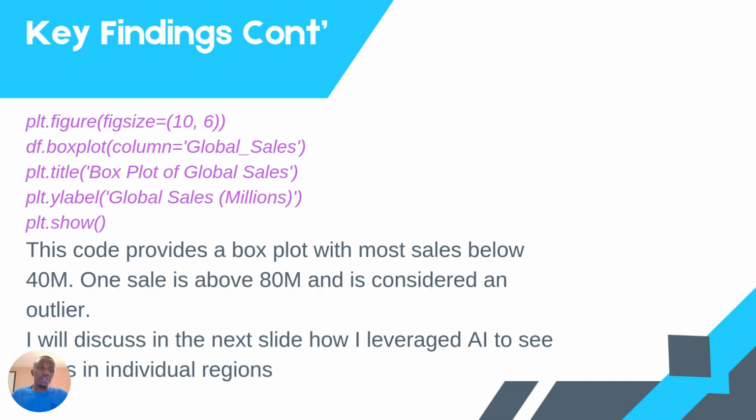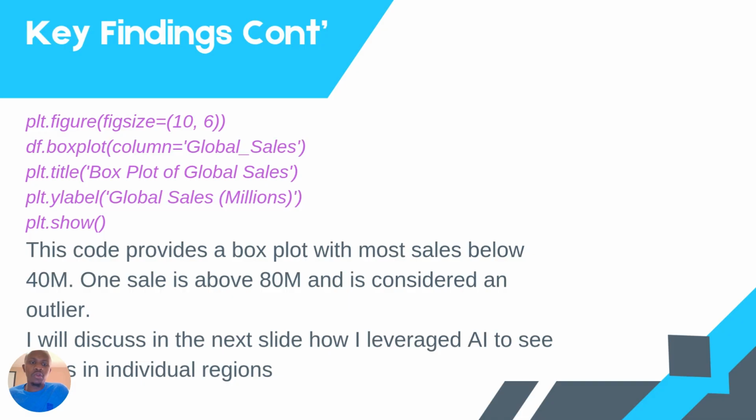We've said the global sales are in millions, and then the code will plot. Most sales are below 40 million, and one sale is above 80 million, and this is what we consider an outlier.